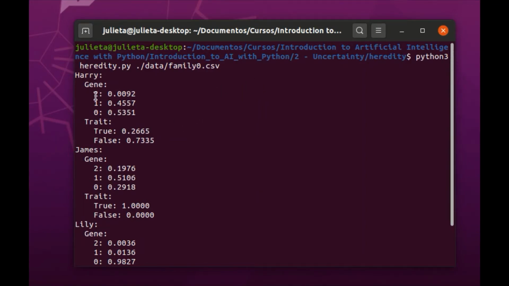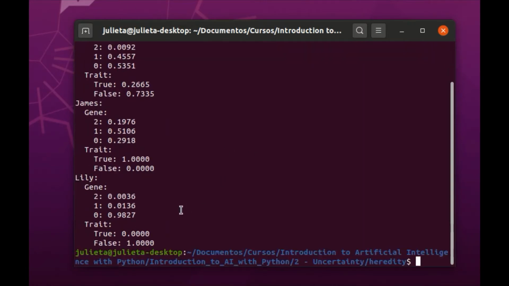calculates these probabilities, and what we can see here is that because Lily hasn't the trait, it's more likely that she hasn't any copy of the gene. She could have a copy, but it's more likely that she hasn't.